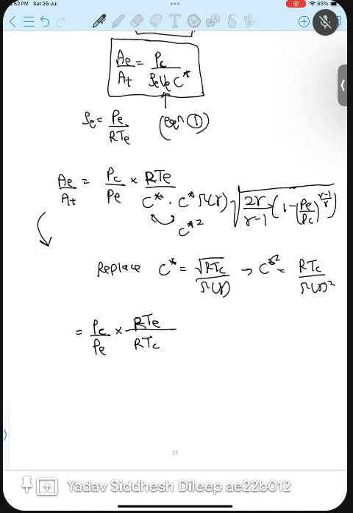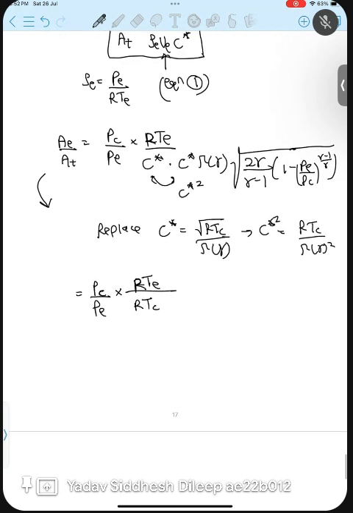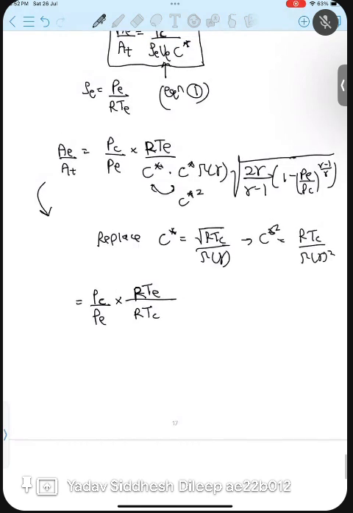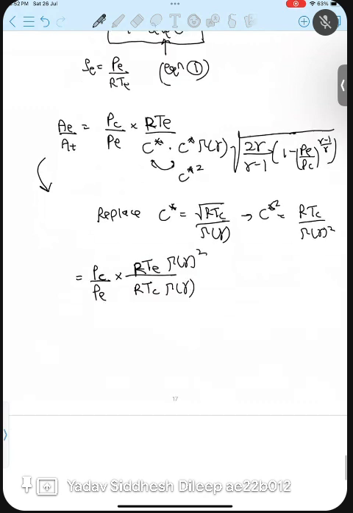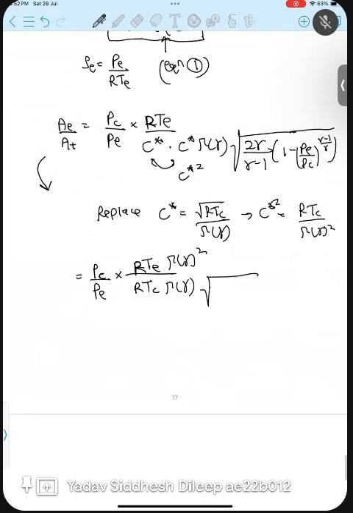This is R. Then C star square, gamma of gamma the whole square, and then this big term, 2 gamma upon gamma minus 1, 1 minus P by PC raised to gamma minus 1 by gamma. Nice.